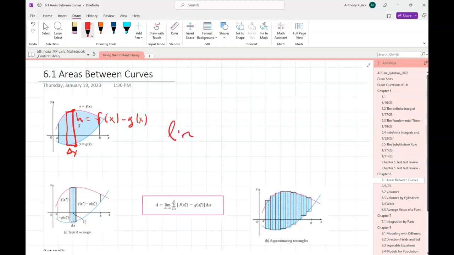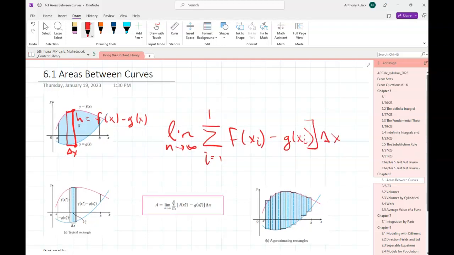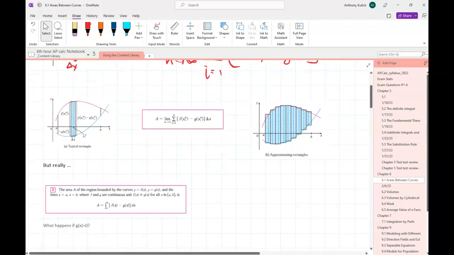And then if I take an infinite number of those rectangles and add up their areas, that should be S, right? Everybody buy that? Okay.